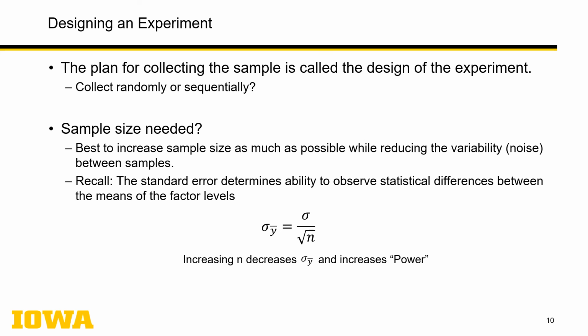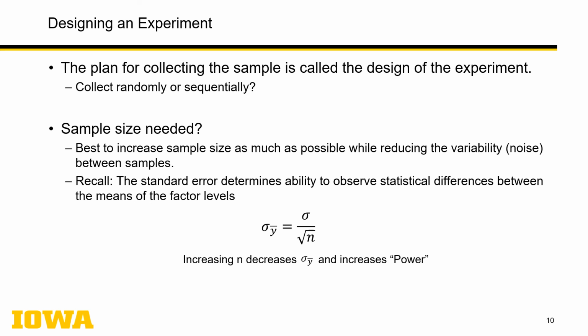So recall that the standard error determines the ability to observe statistical differences between the means of the factor levels in the t-test. And the standard error consists of sigma over the square root of n.